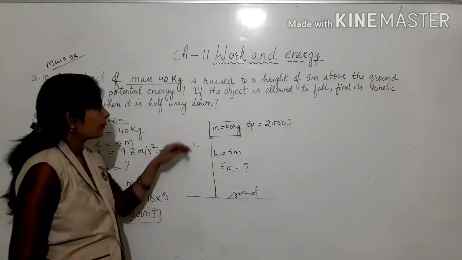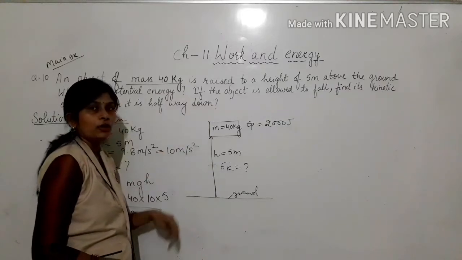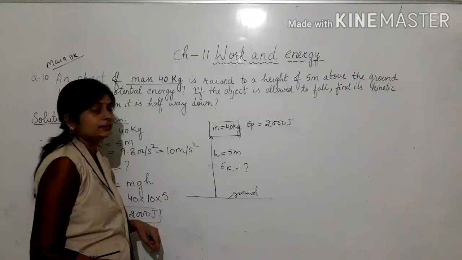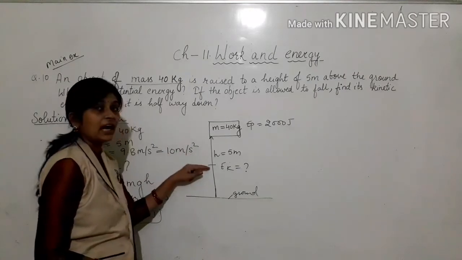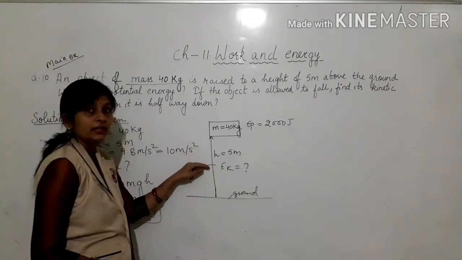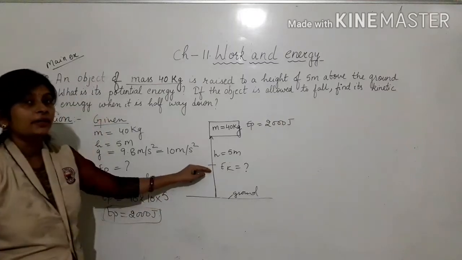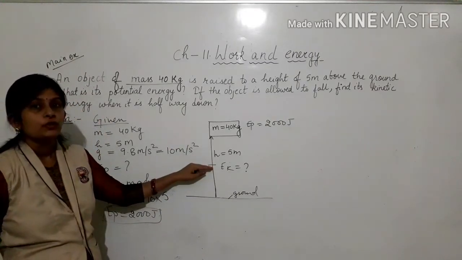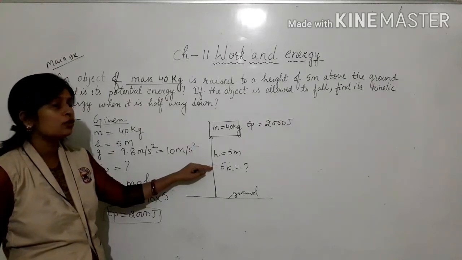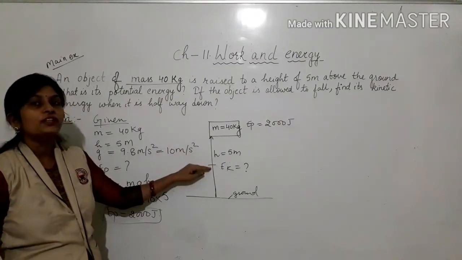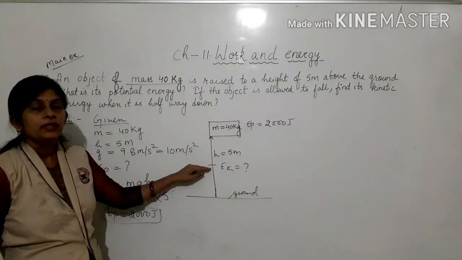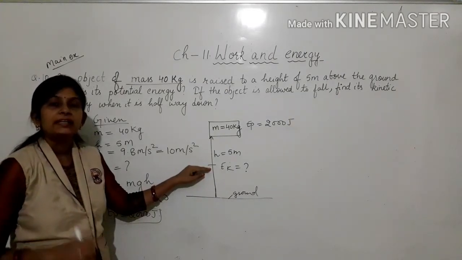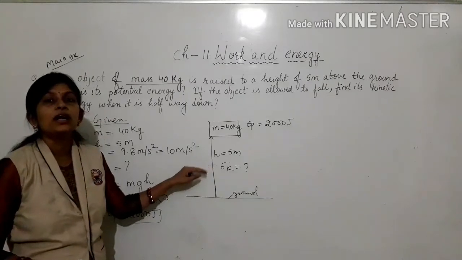Okay, so during free fall, potential energy is getting converted into kinetic energy. When object reaches halfway down here, then its height becomes half of the former value. So potential energy also becomes half of this former value. It means half of the potential energy is reduced and that is converted into kinetic energy.